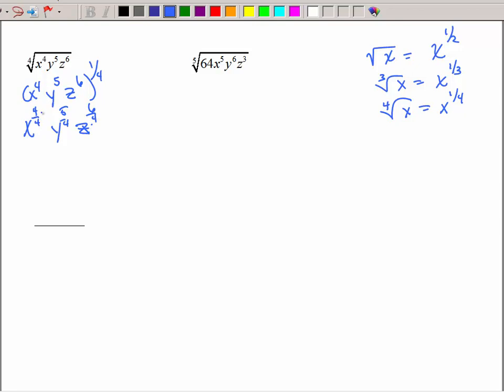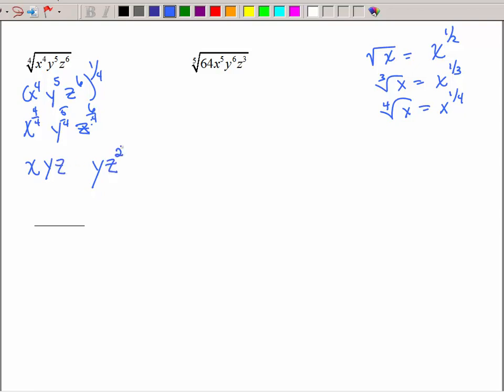Now let's reduce. 4 over 4 is to the first power. But what about this? This is really dividing. How many times does 4 go into 5? Well, it goes in one time with 1 left over. So I'm going to write it like that, 1y and 1y. What about here? 4 goes into 6 one time with 2 left over.